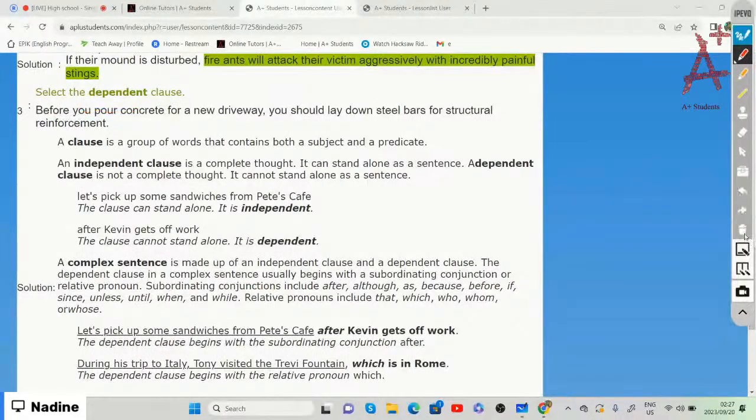So it is before you pour concrete for a new driveway. And it's even starting with the subordinating conjunction, which is before. You should lay down steel bars for structural reinforcement. And the before you pour concrete for a new driveway, that is a dependent clause.